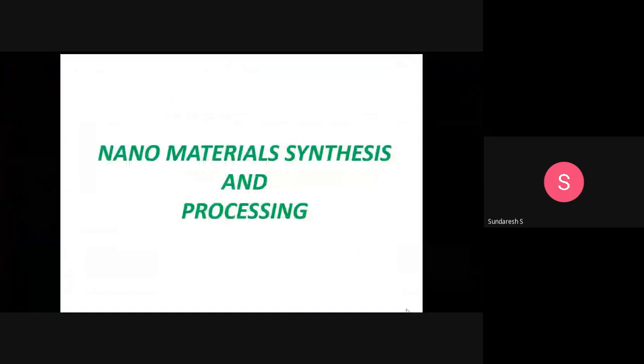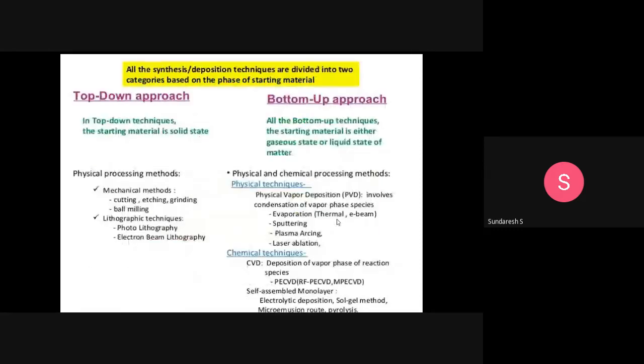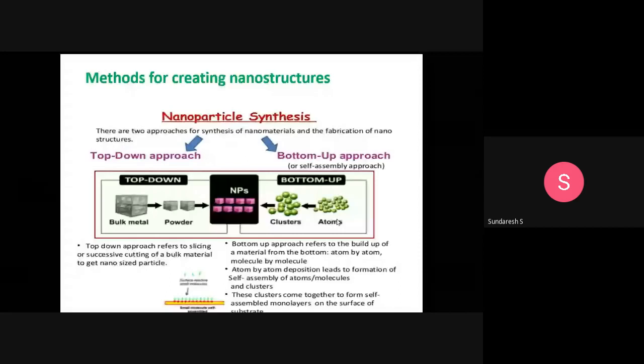The methods for creating nanostructures. In nanoparticle synthesis, there are two approaches for the synthesis of nanomaterials and the fabrication of nanostructures. We generally call them the top-down approach and the bottom-up approach. The bottom-up approach is also called the self-assembly approach.